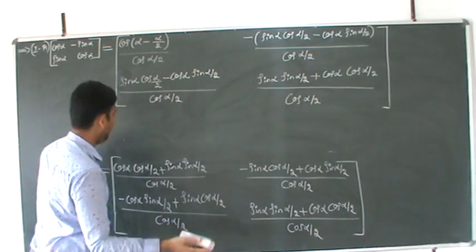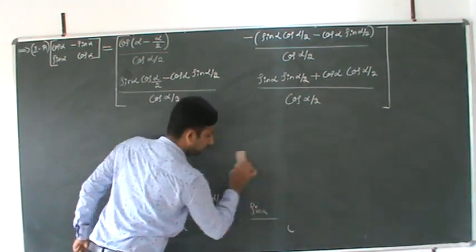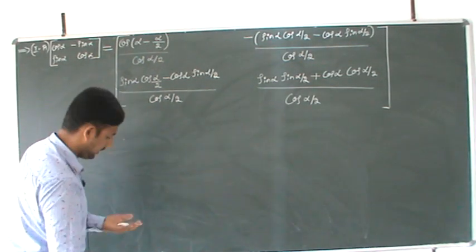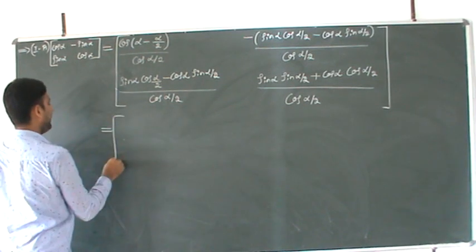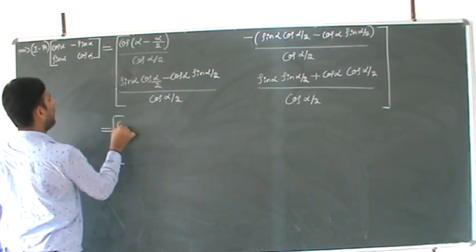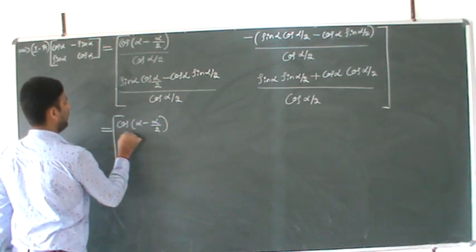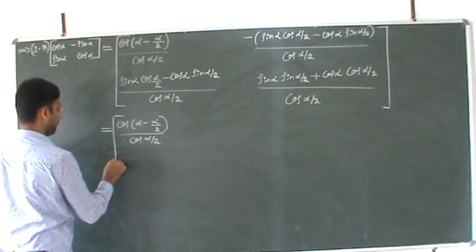You should put the bracket. Then next, which is nothing but, first we have taken cos of alpha minus alpha by 2 divided by cos alpha by 2.